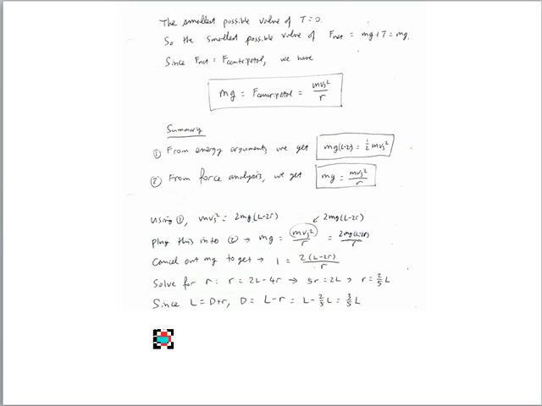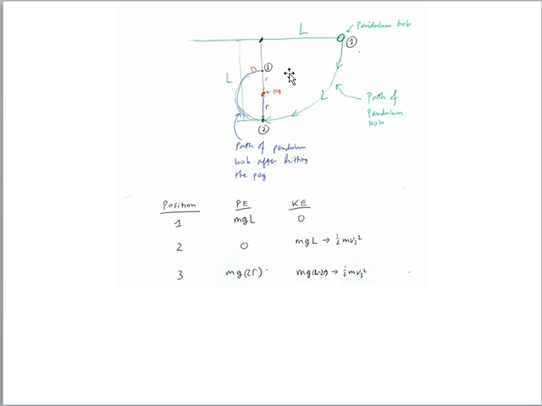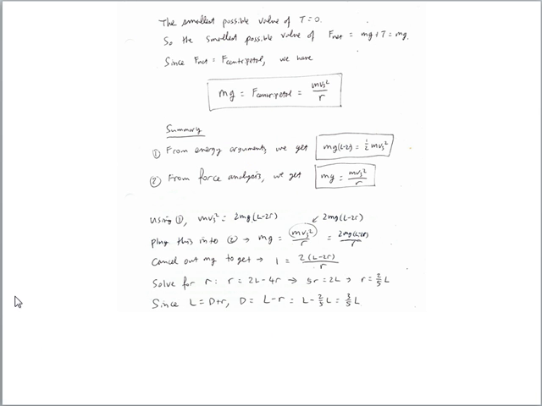Next, since L equals d plus r, remember, let me take you back over here. The total length L, this whole thing here, is equal to d plus r. Since L equals d plus r, you solve for d: d equals L minus r.